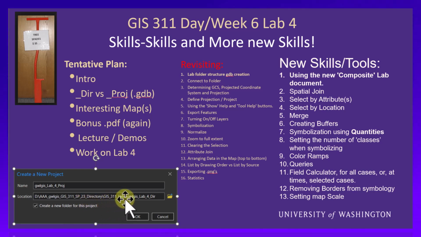Technically, you could just eliminate GIS 311 labs. It's up to you. But as long as you have a major directory and your directory for the specific lab in which you're placing the project folder when you create the project. That is clicking OK in this box in ArcPro.